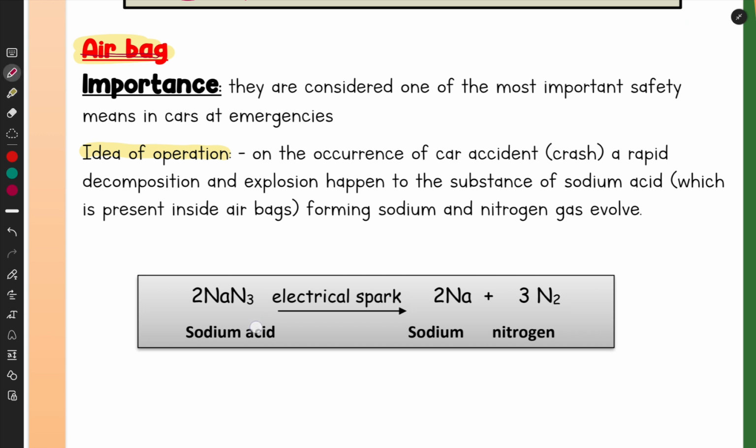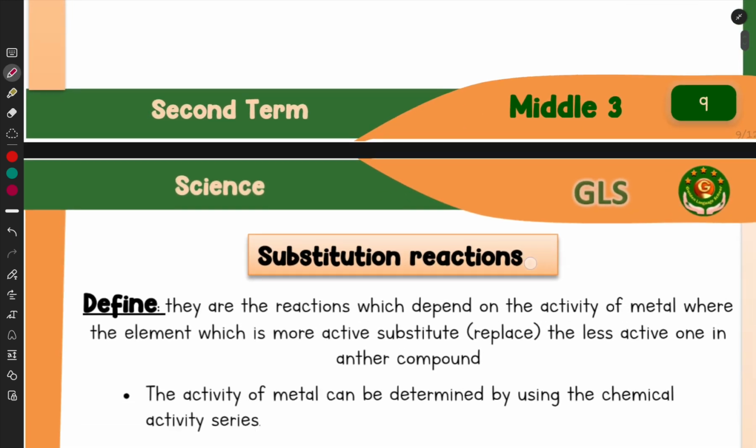When we add an electrical spark inside the car during an accident, this will break down to give sodium and nitrogen. So again, on occurrence of a car accident or crash, rapid decomposition and explosion happen to the sodium azide present inside the airbag, forming sodium and nitrogen gas, which evolves. This is the airbag.